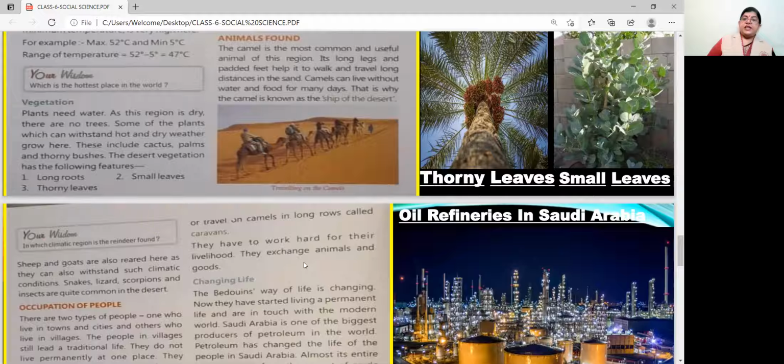They have to work very hard for their livelihood. They exchange animals and goods. Changing life: the Bedouins' way of life is changing nowadays. Previously, they had to work hard for their livelihood, they used to exchange animals and goods, and they were moving in caravans.